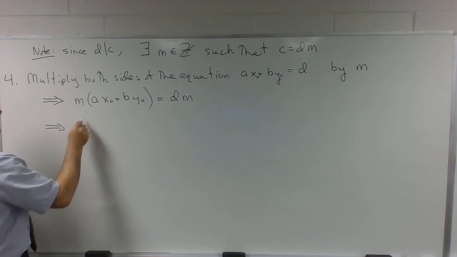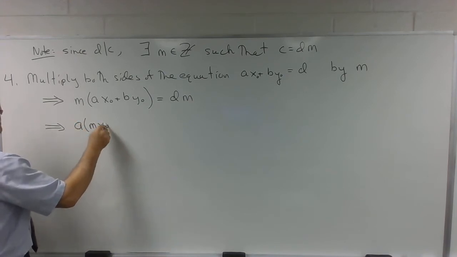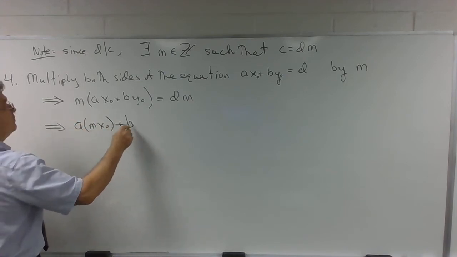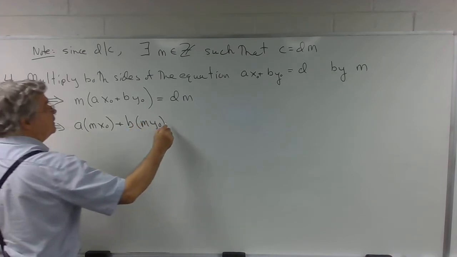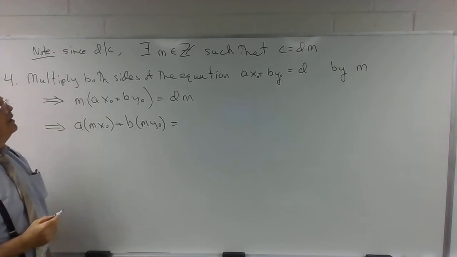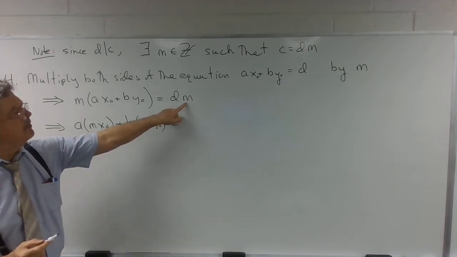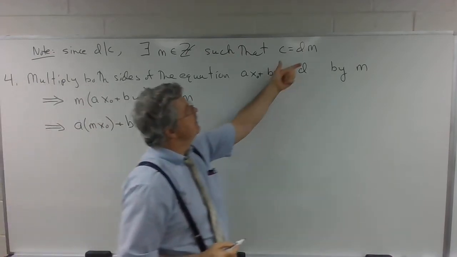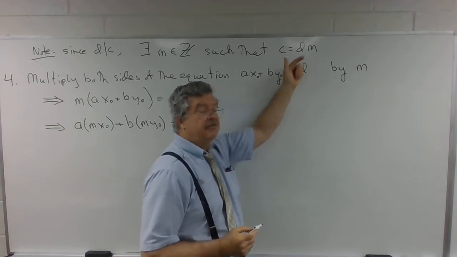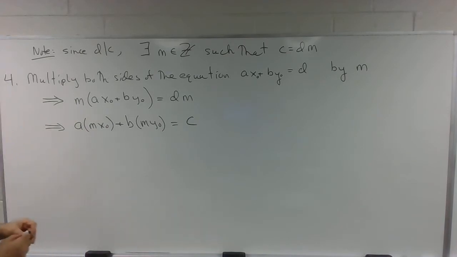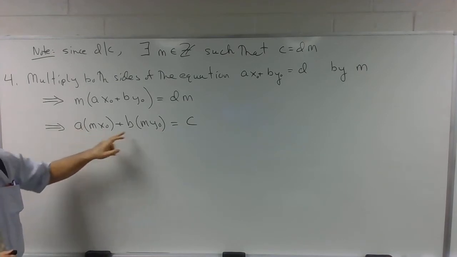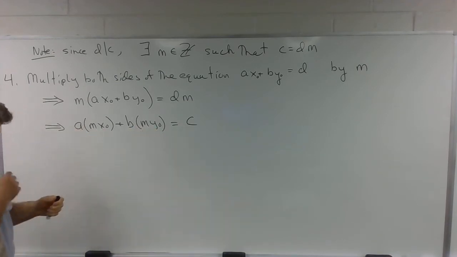So I'm going to get a times m x naught plus b times m y naught is equal to, let's see, d times m again? d times m is c. Oh, son of a gun. So now we have an x value and a y value such that ax plus by equals c.